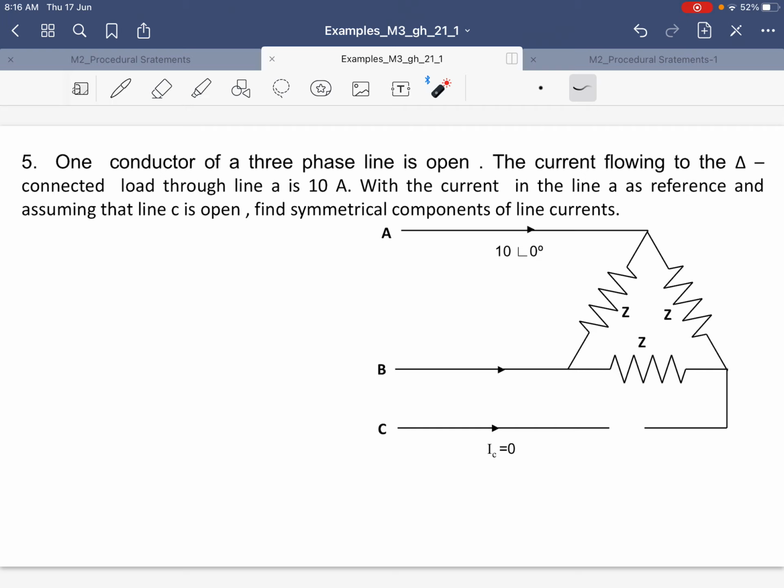Once again, we know the formulas for the symmetrical components.